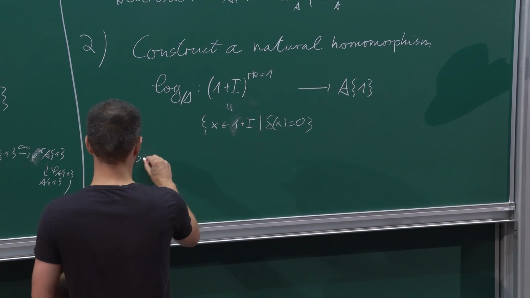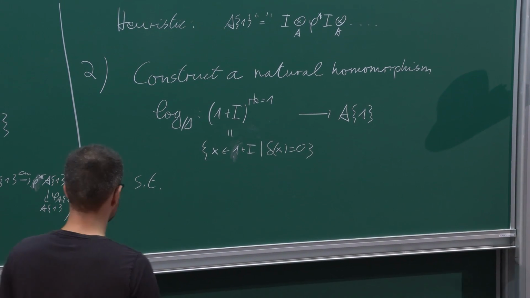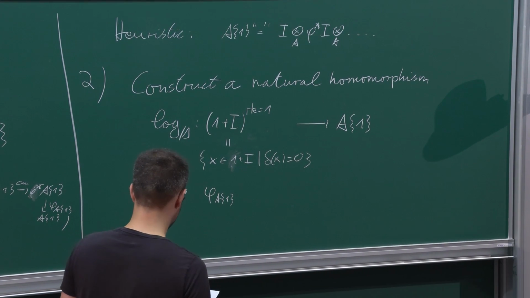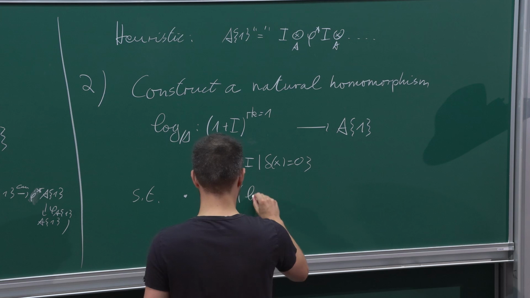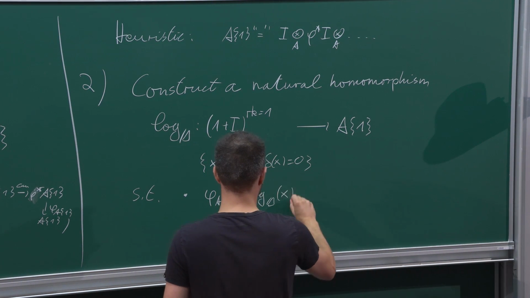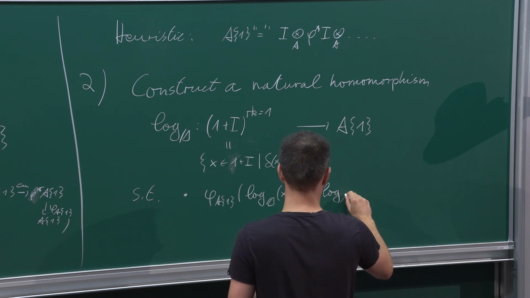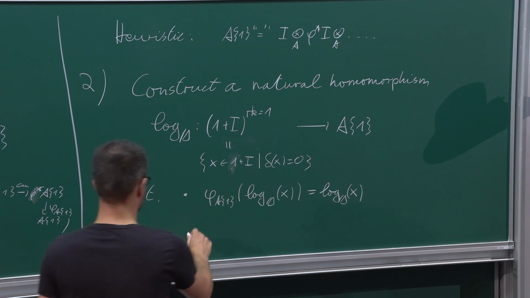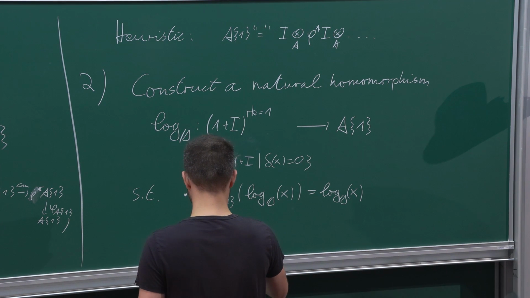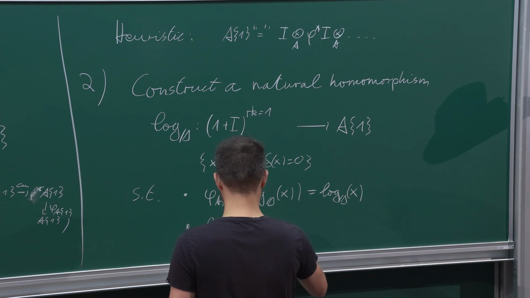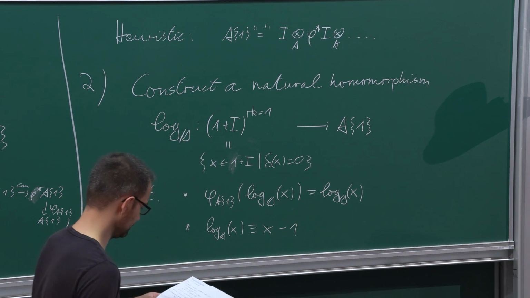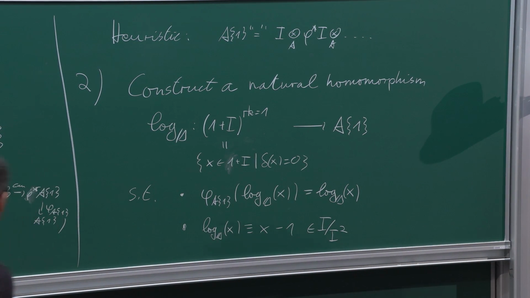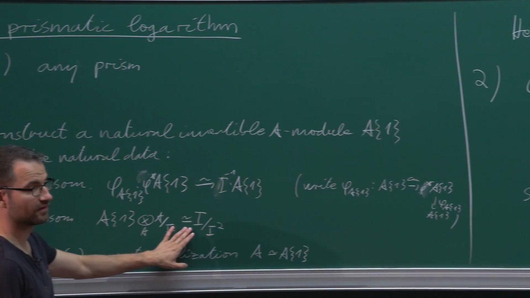And it should satisfy the following. So phi of the Frobenius on the Breuil-Kisin twist applied to the prismatic logarithm should just fix the prismatic logarithm, and then the prismatic logarithm of x should be congruent to x minus 1 in I mod I squared, where of course I'm using here this natural isomorphism.